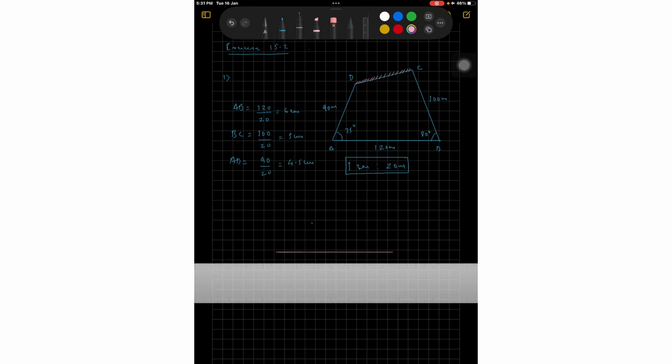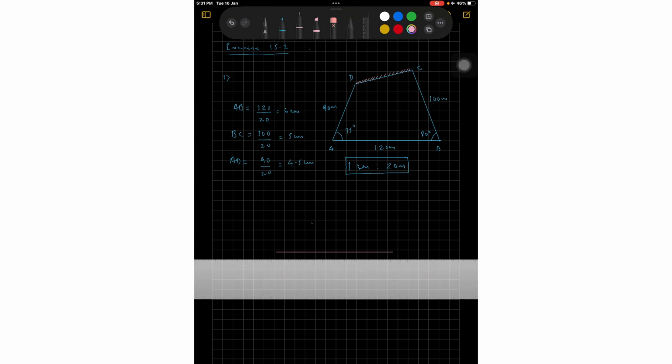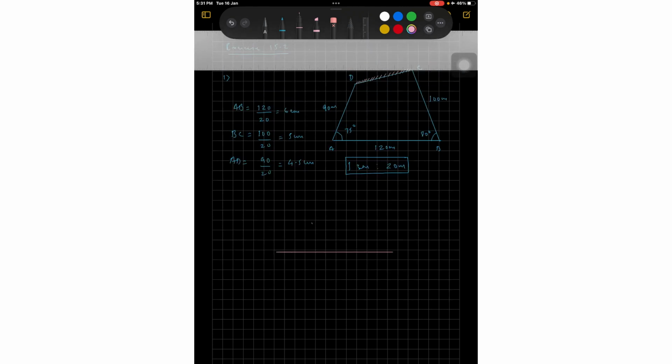Okay, let's presume that's approximately 6 centimeters. Now keep your protractor at the end. This is 6 centimeters on the drawing, A, and that's B.